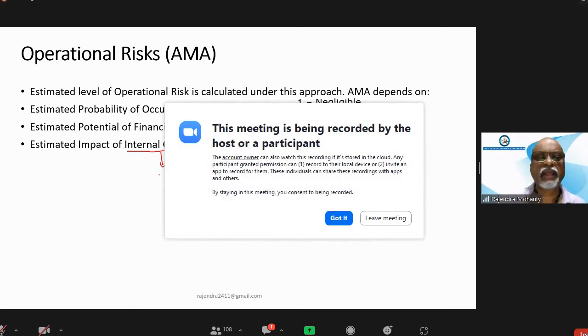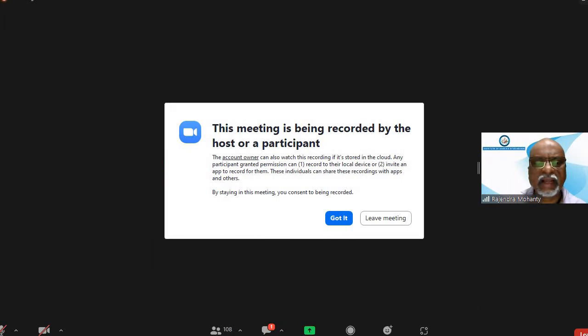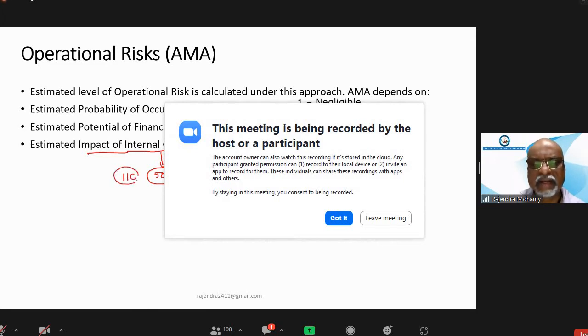Suppose today a bank has estimated that our internal control can prevent, say, 50% of the unusual things that might happen. So I can say that this bank's impact of internal control is 50%. That means if I continue with this internal control in future also, my internal control will be 50%.